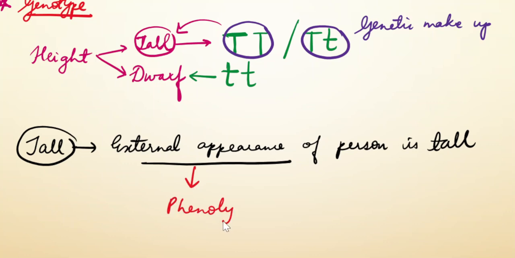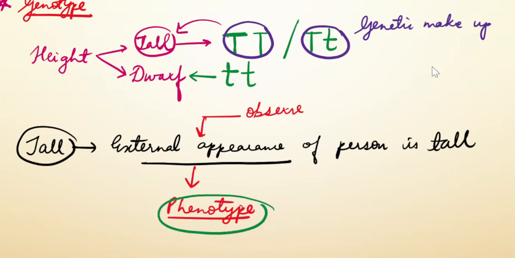I can say that the person is tall, or dwarf, or fat and all. Whatever things I can observe and say about someone, that is known as phenotype.